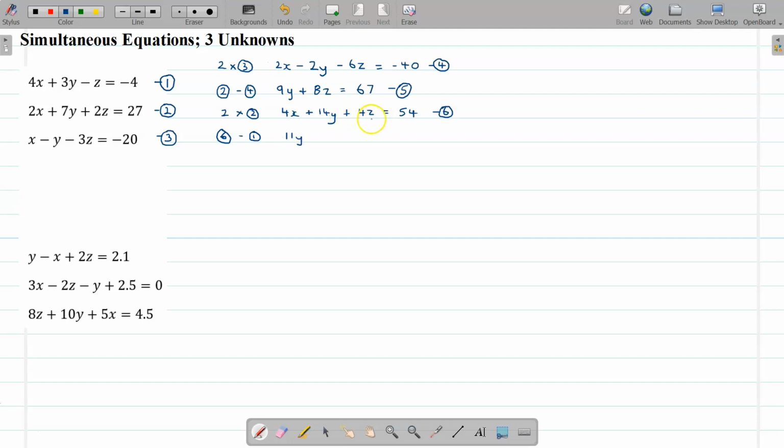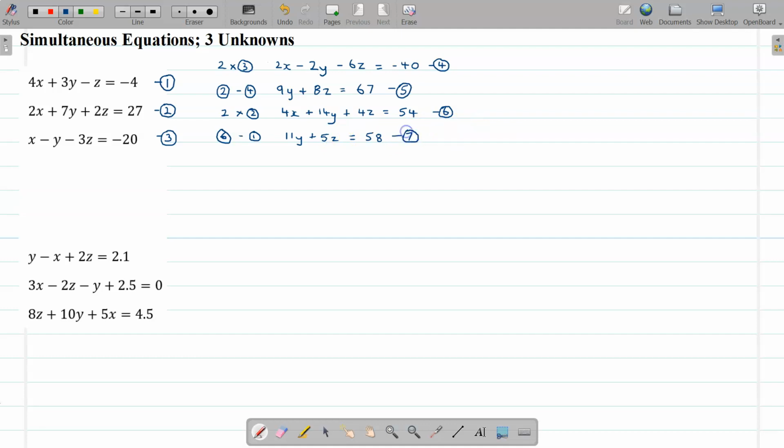Then I've got 4z take away negative z, which is plus 5z. And I've also got 54 take away negative 4, which is 58. So I've now made another equation containing just y and z, which I'm going to call equation 7.